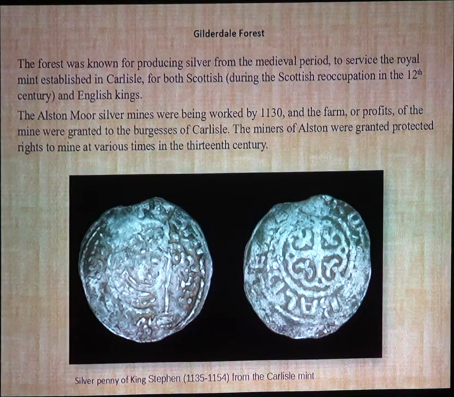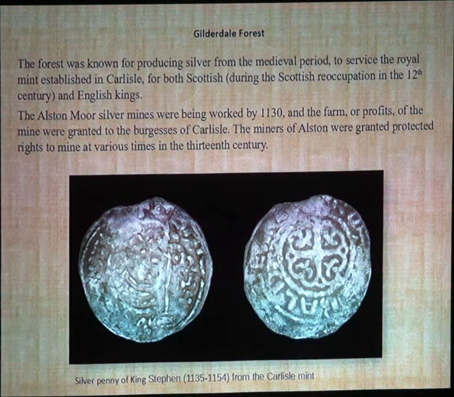The Carlisle Mint stopped making coins, I'm trying to remember the date now, but I think it had stopped in the 13th century. But it was being worked and producing coins from the 12th century. And here we've got some 12th century coins.